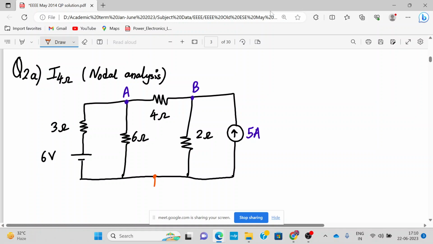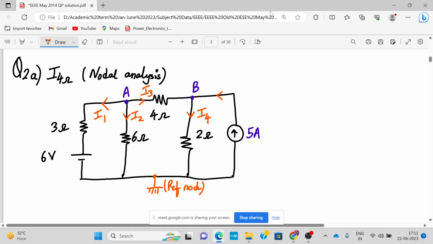So this is my reference node. And you mark all mostly as outgoing currents. So let us say this is I1 outgoing current, this is I2 outgoing current, this is I3. I3 is also going into node B, then this is also outgoing, let's say I4, and this is incoming. It is by default a current source, right?